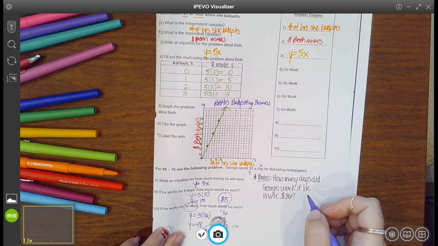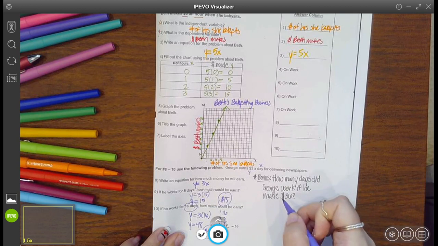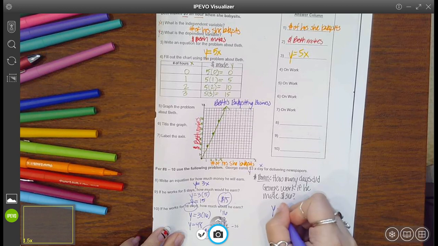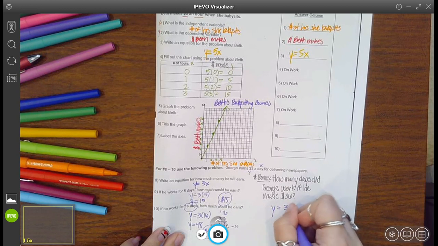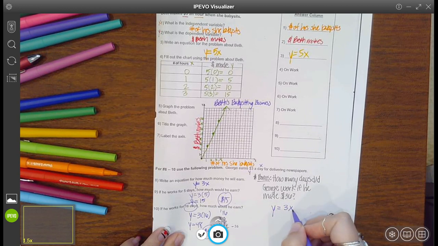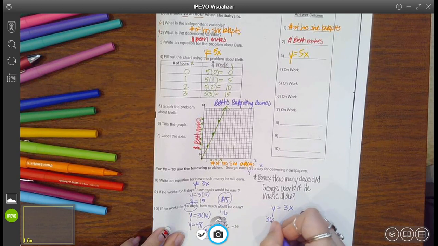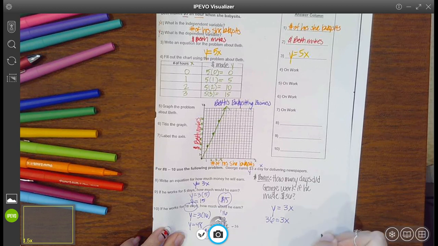Now, what if they told me how many days did George work if he made $36? So this time in the equation of y equals 3x, they didn't tell me the number of days, they told me the money made. So this time I'm going to plug in for the y and figure out the x. So 3 times what is 36?